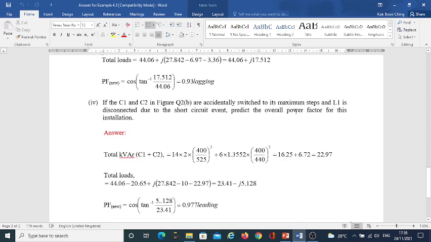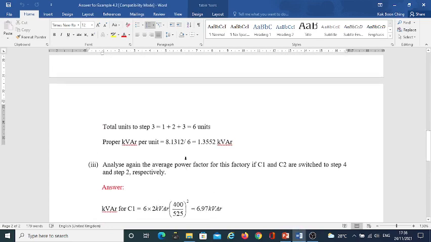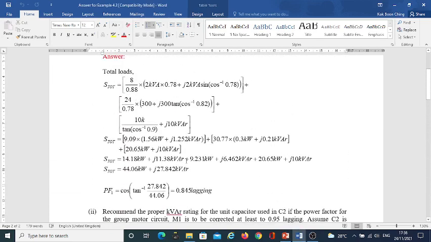Because it has been given here, L1 is disconnected. So how much is L1? L1 is 20.65 plus j10 kVAR. L1 is disconnected, which means we need to deduct L1.